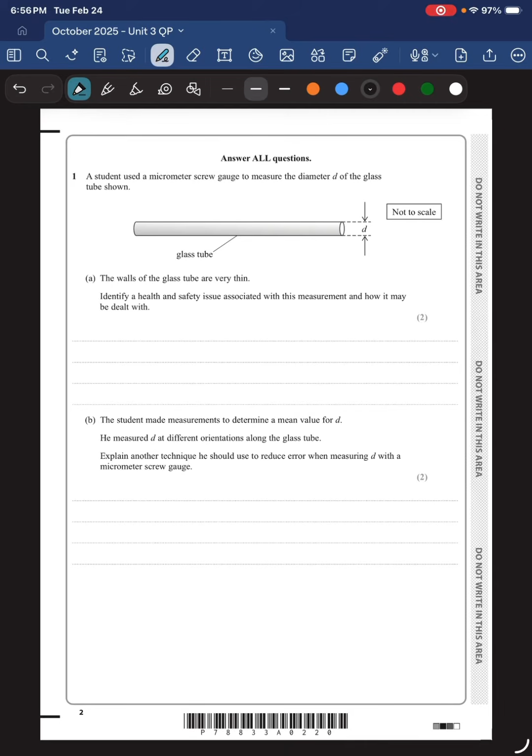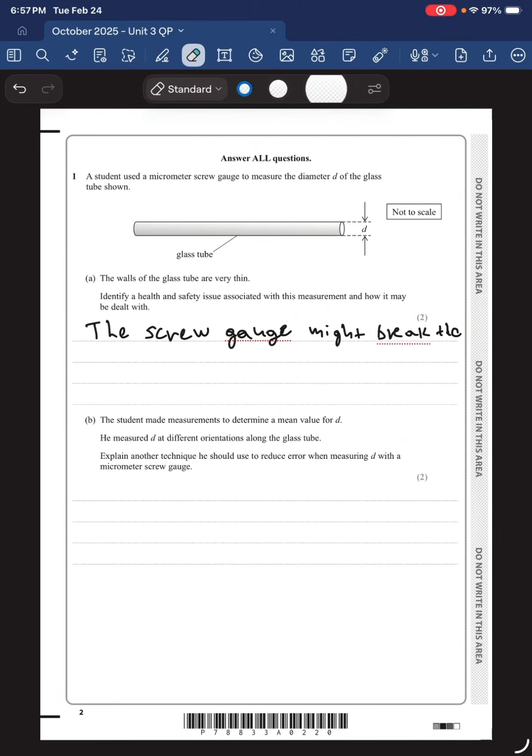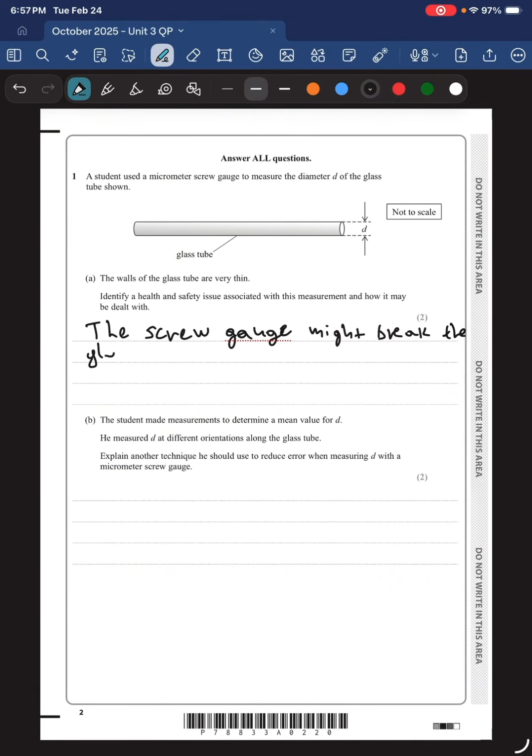So let's write that down. So the screw gauge might break the glass.